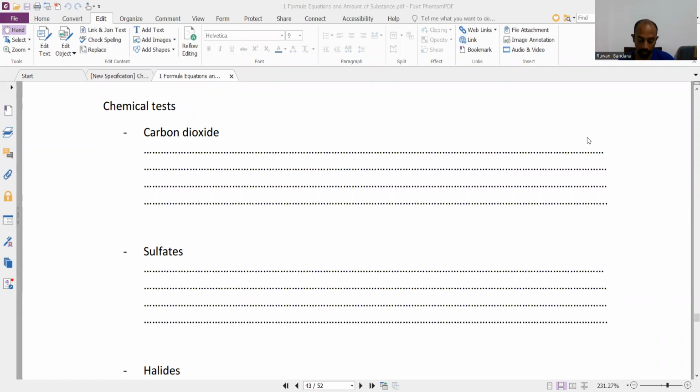When you pass carbon dioxide through lime water, there's a precipitate formed inside, right? What is the precipitate? Calcium carbonate.